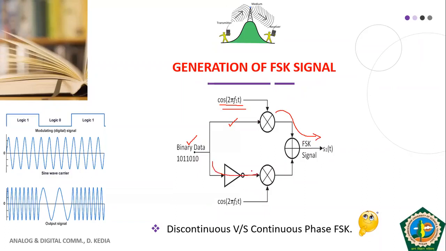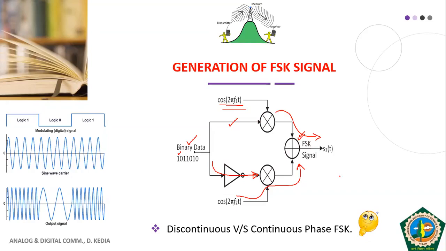I have used a NOT gate which will activate this branch, and as a result F2 will be channelized at the output. So during 1, F1 will be switched at the output, and during 0, F2 will be switched at the output. We have two multipliers, a switch, and an adder at the output that gives us the FSK signal.